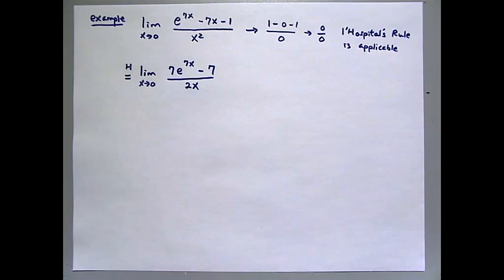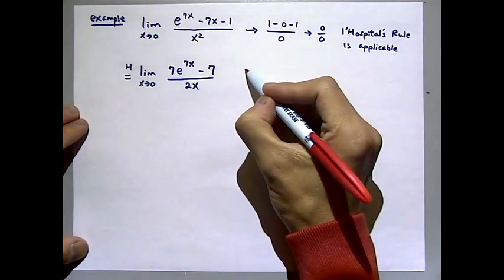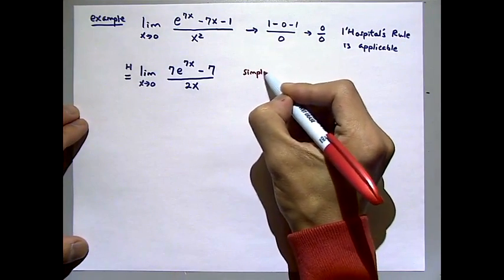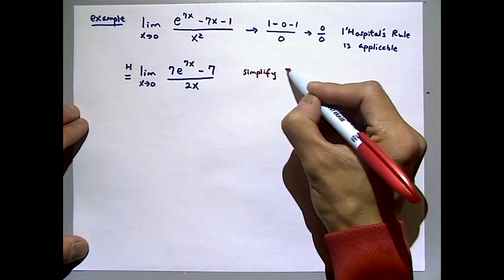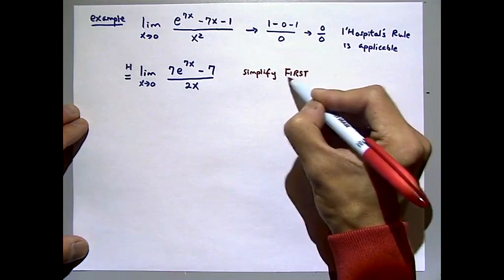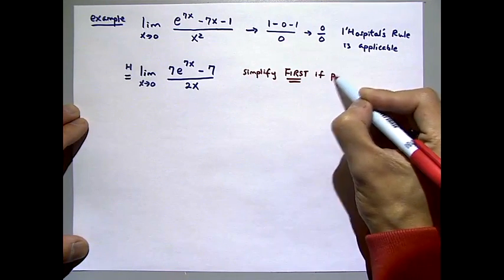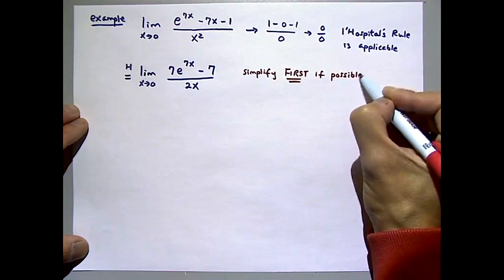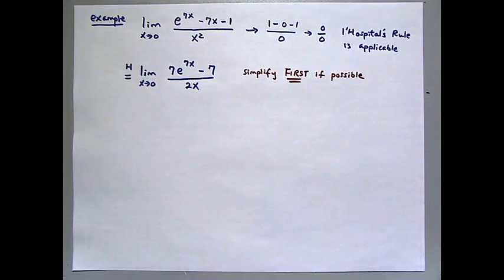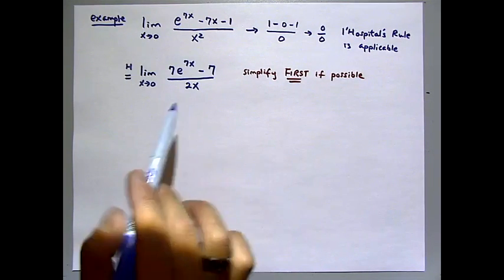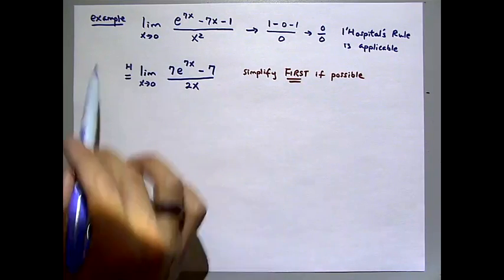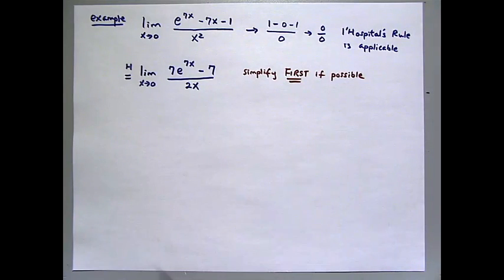Now, first thing you always want to do is to try to simplify. Look at the last example. We did a bunch of algebra to simplify and finally got something meaningful out of it. Here we don't have the same option. There's really nothing here we can do. There's nothing to factor or cancel or anything to do.